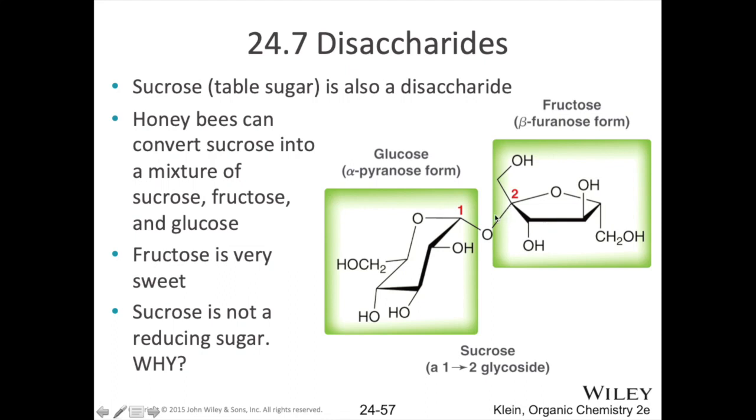All right, so remember, fructose is a ketose, and this used to be a carbonyl carbon when it's in the open form. Notice that neither of these monosaccharides are able to have their carbonyls reform, right? You can't open this up and reform a carbonyl because that oxygen is being used up in forming this glycosidic linkage.